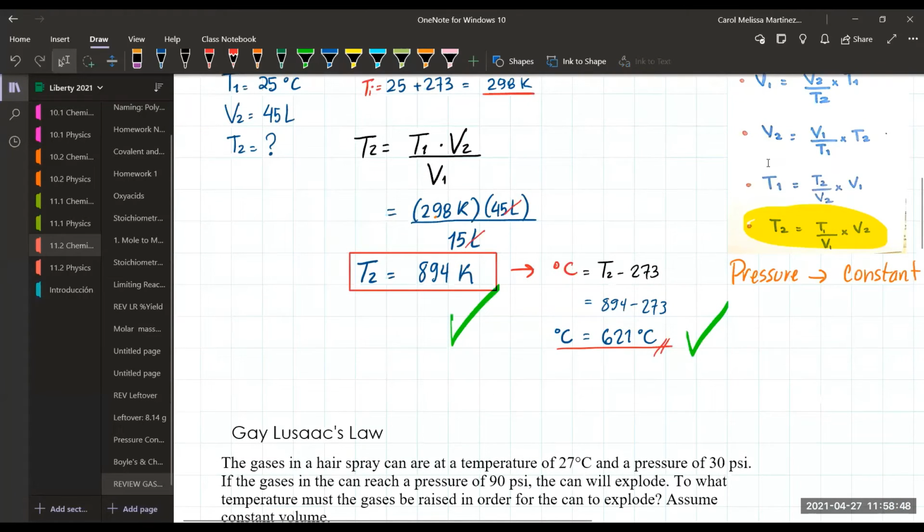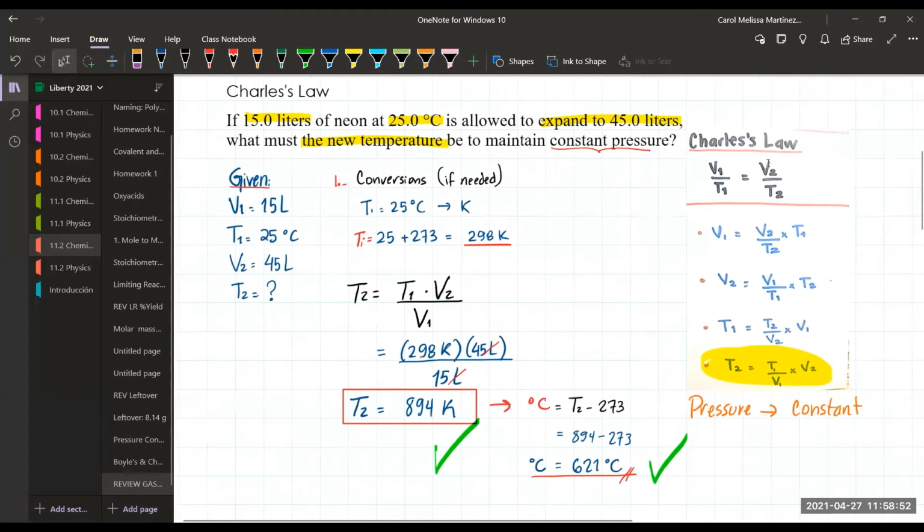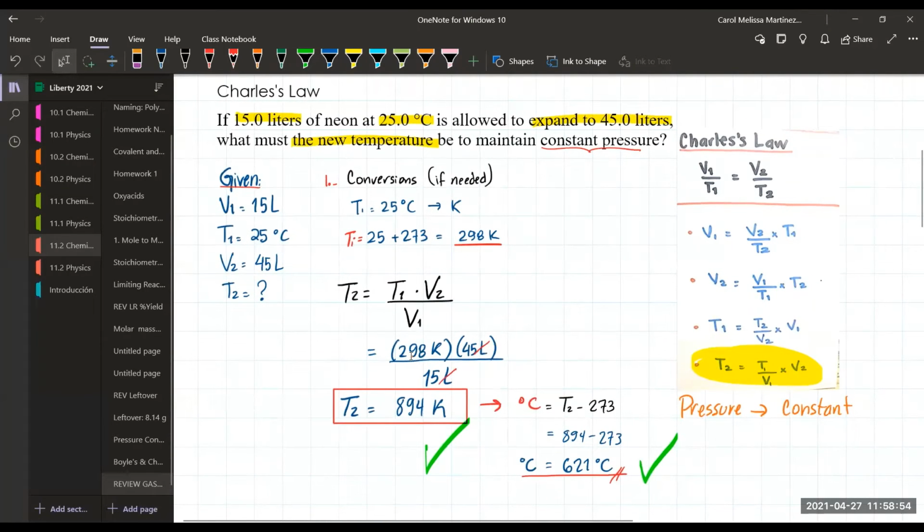Miss, in the second one... If that's coming in the quiz, sorry, I can't hear you very well.